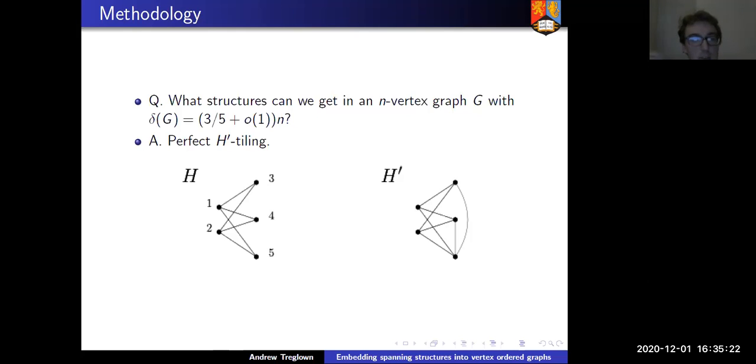Okay, so our first thing was, we can guarantee a perfect H prime tiling just using Knorth's theorem. So maybe we can get lucky and say, a perfect H prime tiling, if you label cunningly, or if you're always lucky, gives you a perfect H tiling. But of course you can't, right?